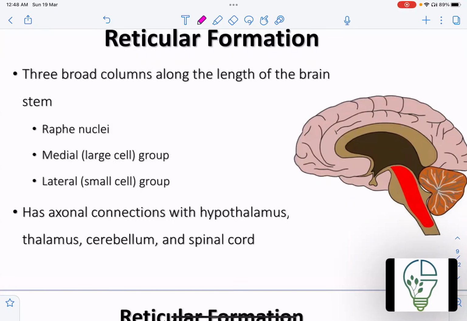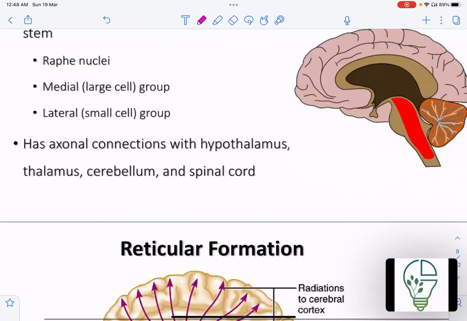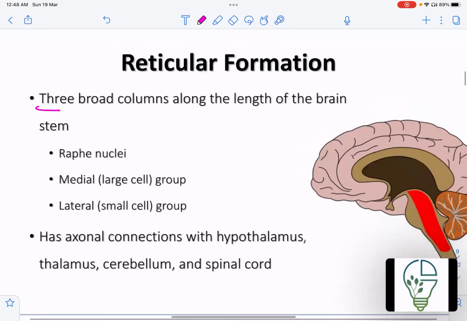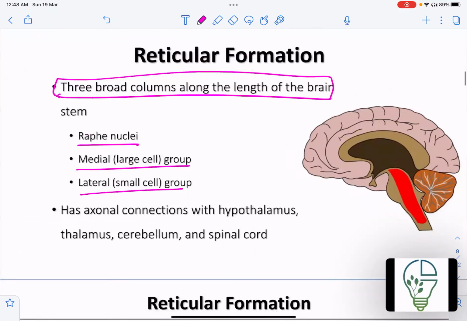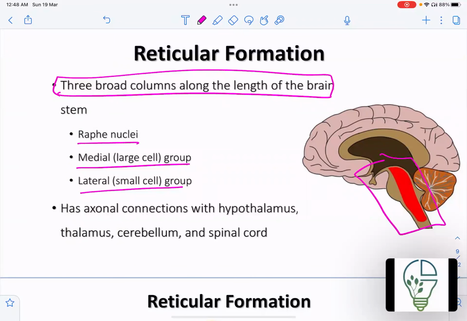So the RAS is basically made up of three broad columns that form along the length of the brainstem: the raphe nuclei, the medial group, and the lateral small cell group. It's right along here, and it connects with the hypothalamus, thalamus, cerebellum, and spinal cord.